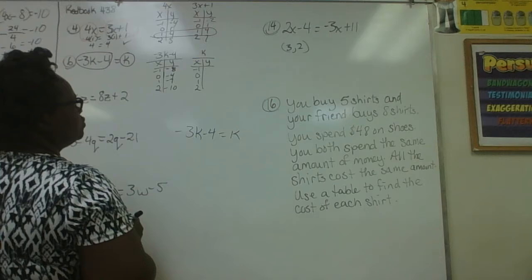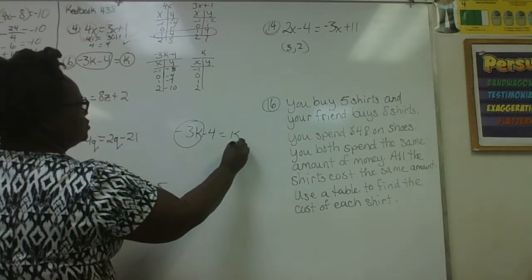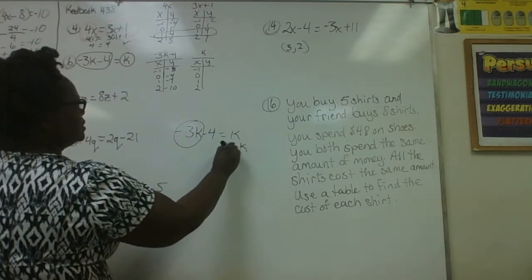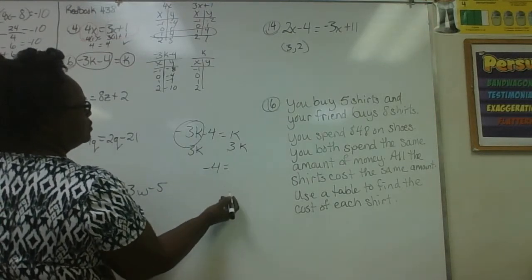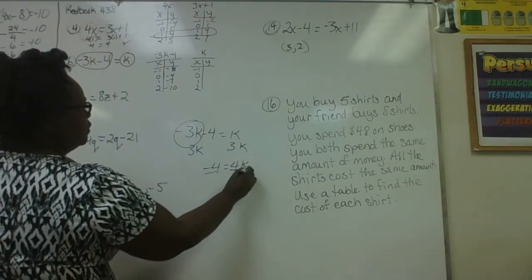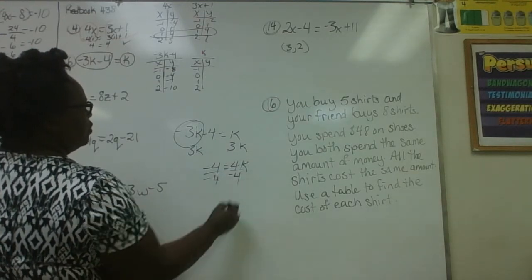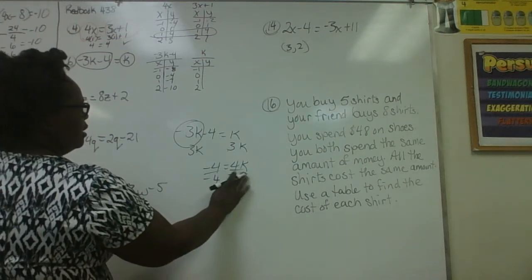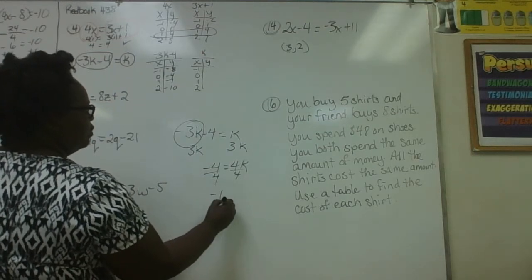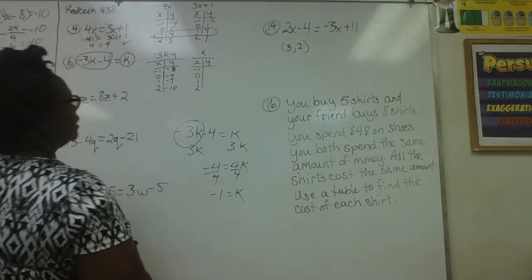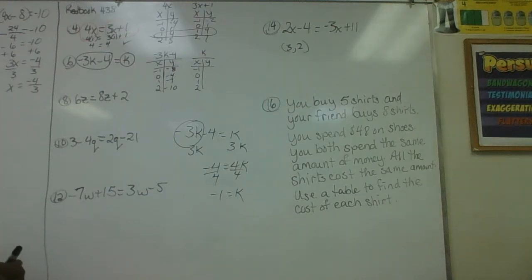So let's move our k so that we have 2k over here, 3k over here, positive, so that negative 4 is equal to 4k. Divide both sides by 4. Moving this over here, that would be negative 1. This would be k. So negative 1 seems to be our solution.